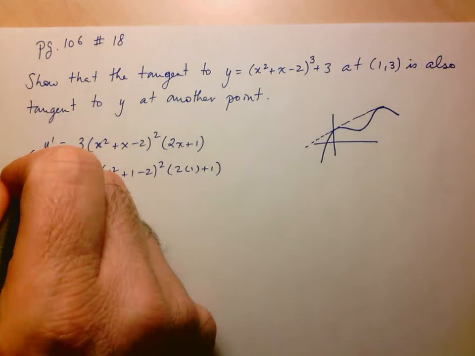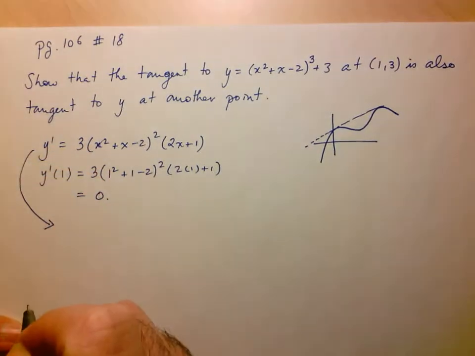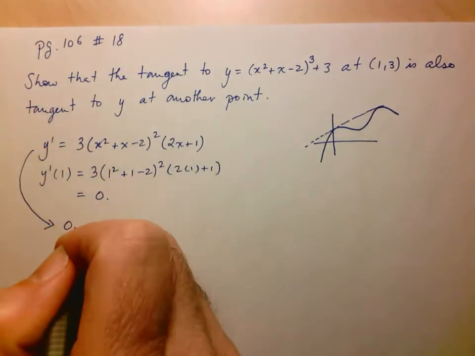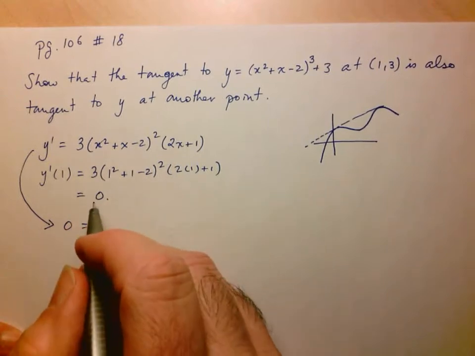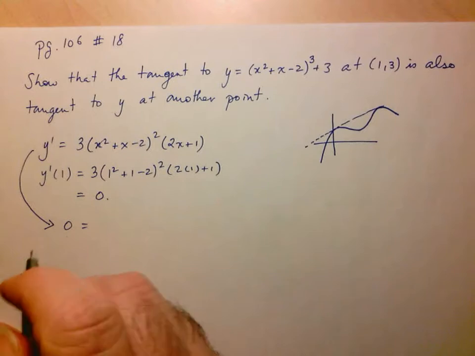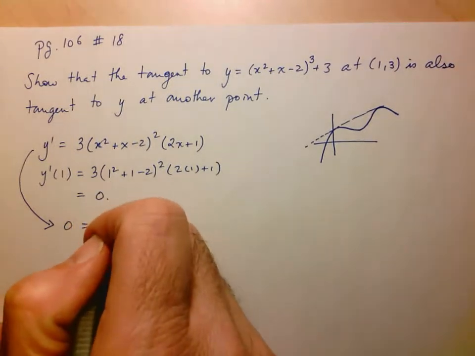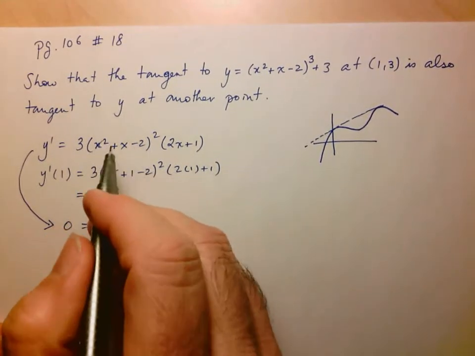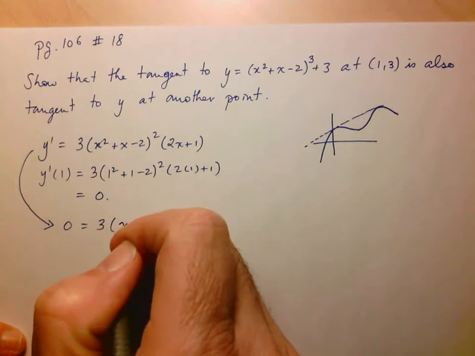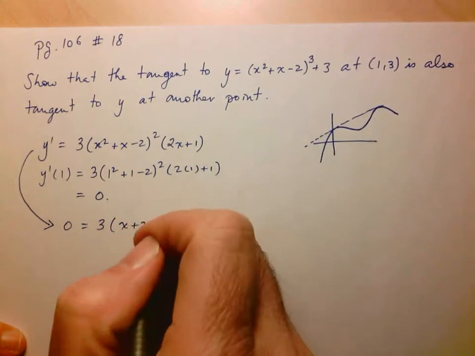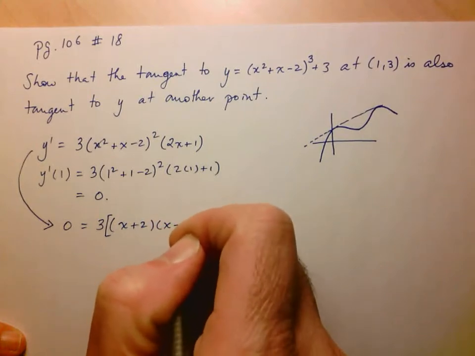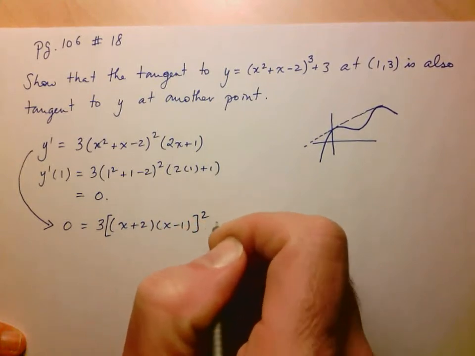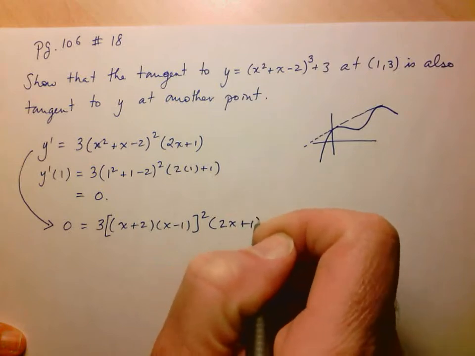I'm going to work with my derivative, which I've already found, and set it to 0, because I know that the other point I'm looking for is going to have the same slope of tangent. So here we've got 3 times, and this looks factorable, so we have (x plus 2) times (x minus 1), all squared, times (2x plus 1).